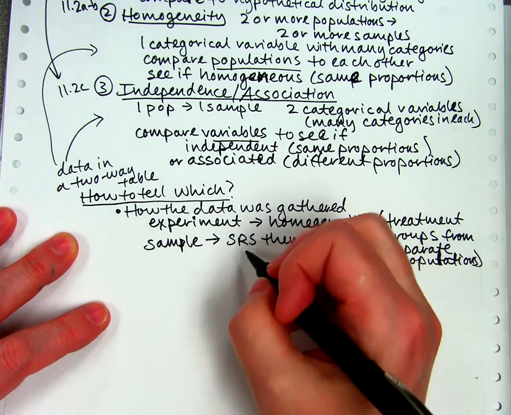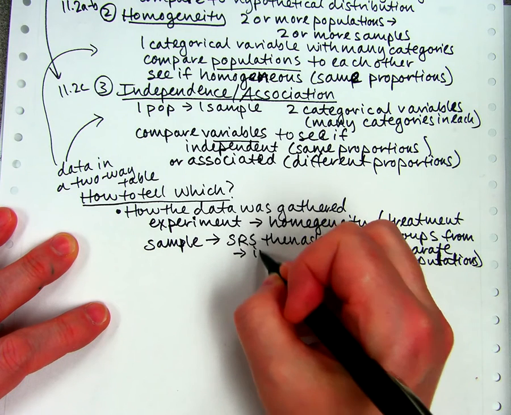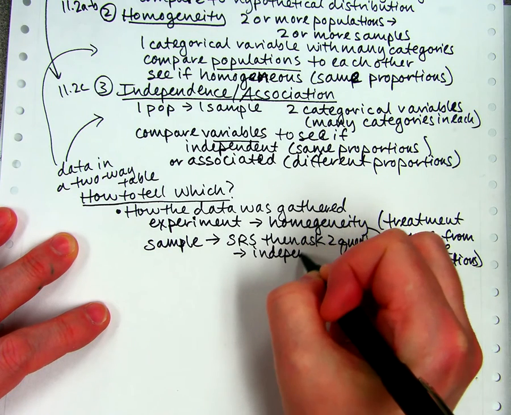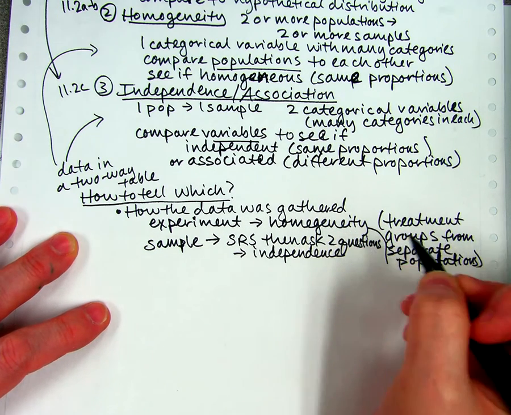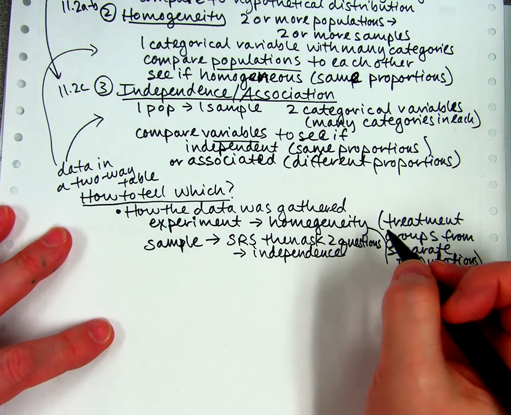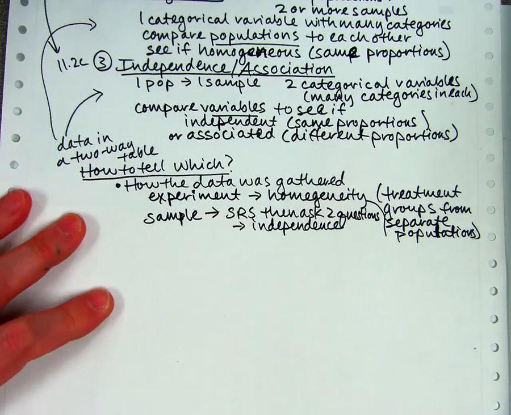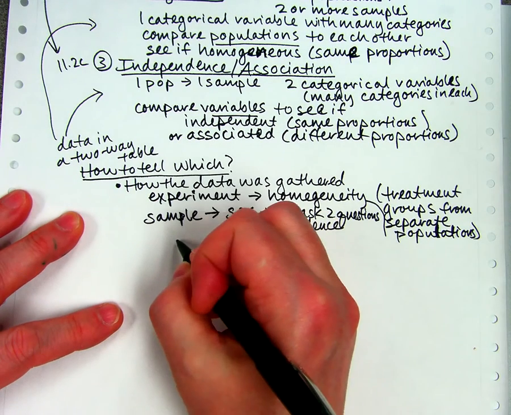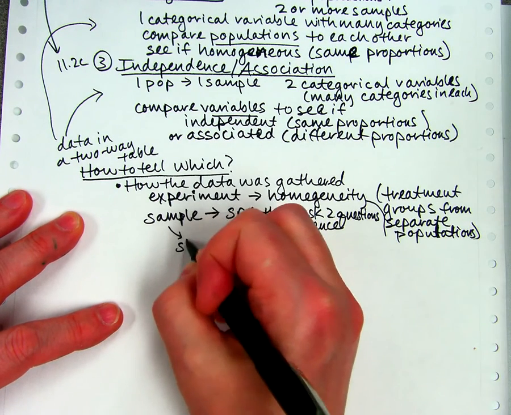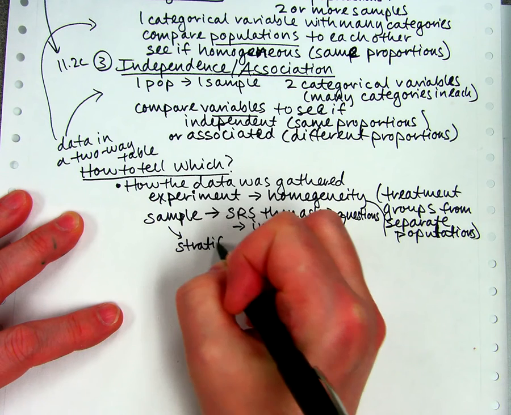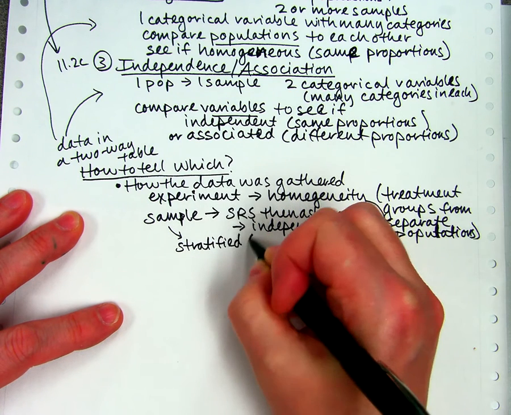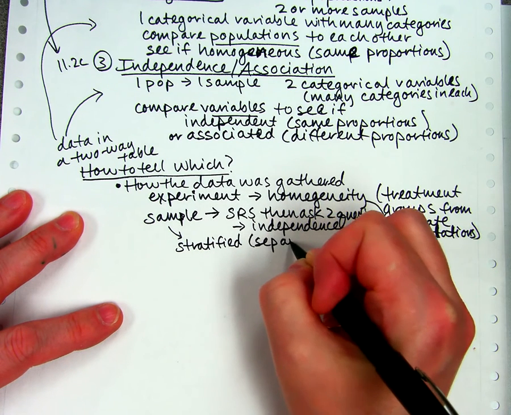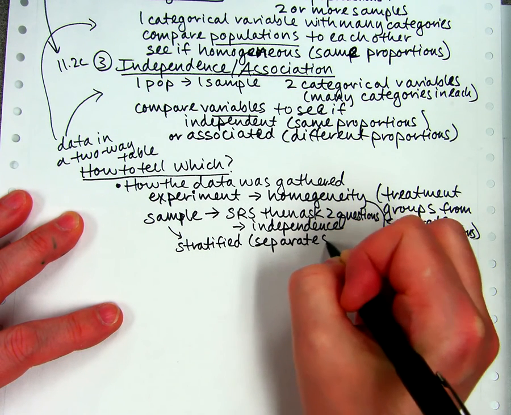If you ask two questions, that would be independence. But if you separate your population first and take separate random samples from the different groups of your population, that would be a stratified sample. Separate samples means you're doing homogeneity.